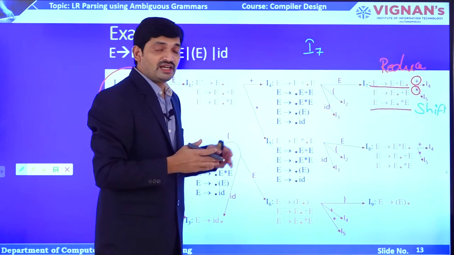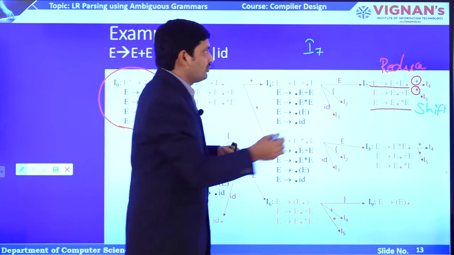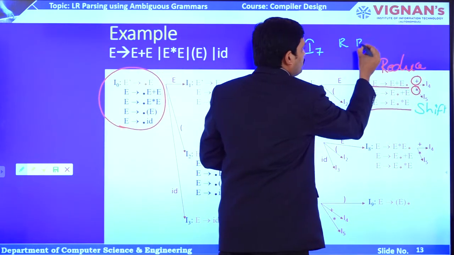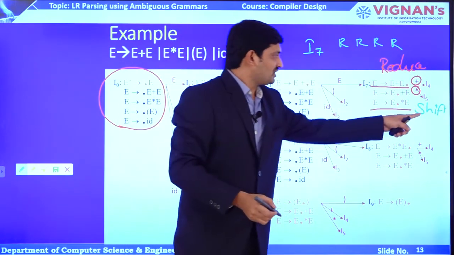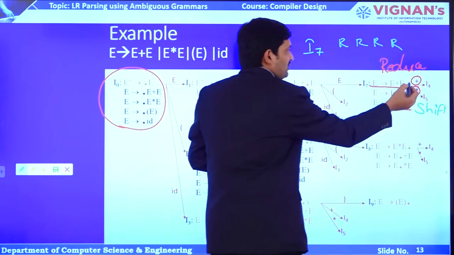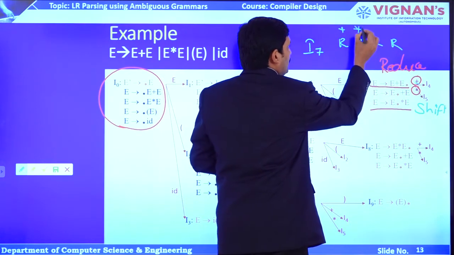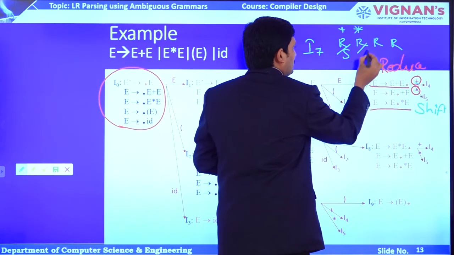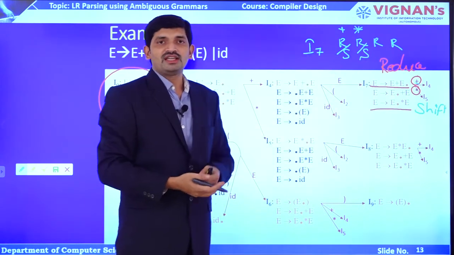So, we have to write all the reduce operations in the entire row. Then come to the shift operation or goto operation in the place of plus and star; we have to write the shift operation also. So, which leads to the SR conflict.